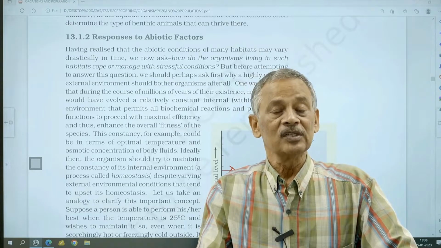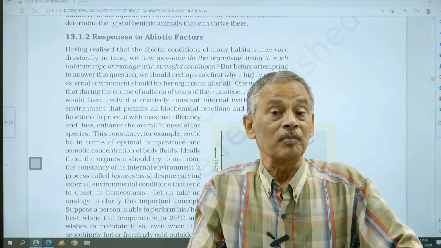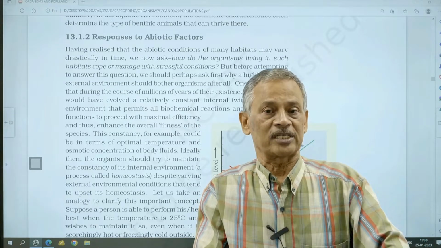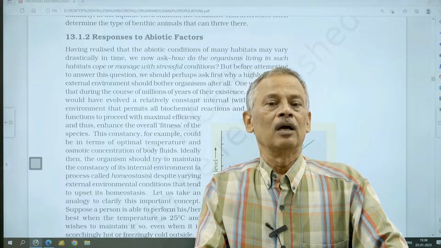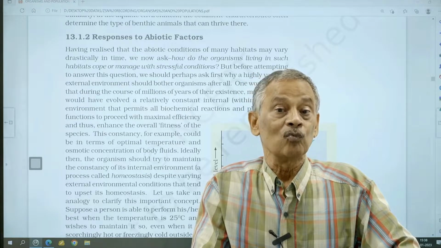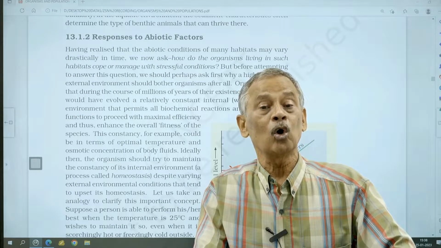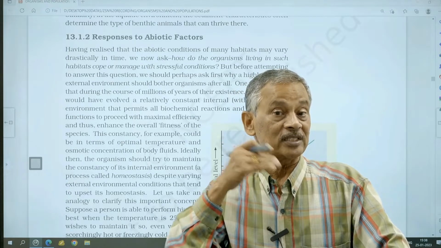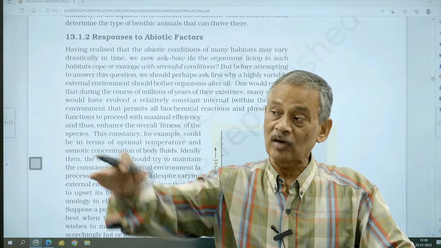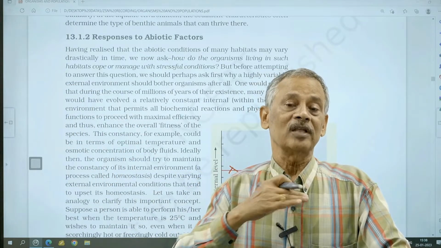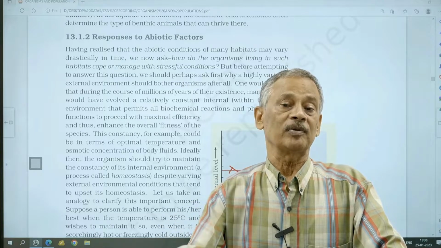For others, they cannot maintain a constant steady internal temperature. Only birds and mammals are warm-blooded or homeothermic. Even the temperature is maintained. So whatever may be the temperature outside, the temperature is always kept the same.